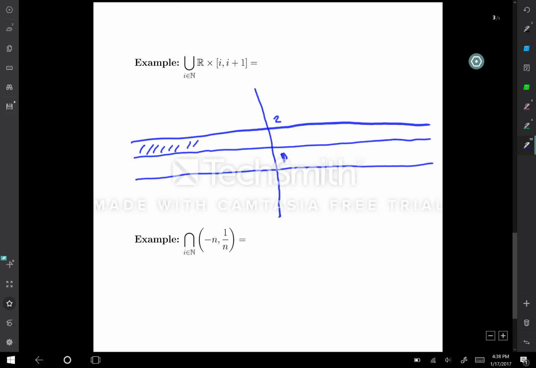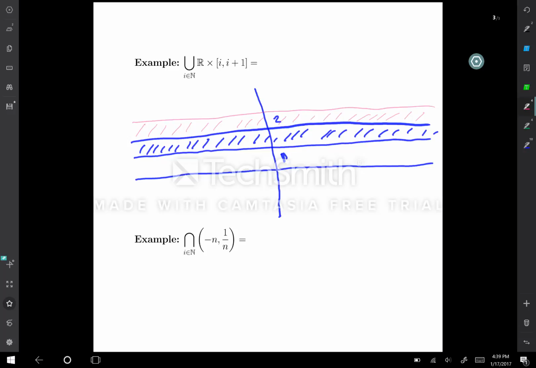So it's every ordered pair in this stripe. If we were then to move to n is 2, that's our next natural number, it would be every real number with a coordinate in the y that's between 2 and 3. So that would be this next stripe between 2 and 3, and that would cover all of those pairs.